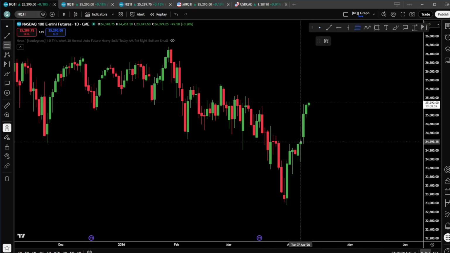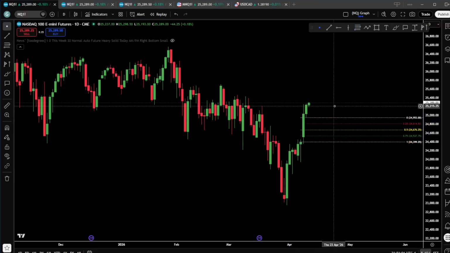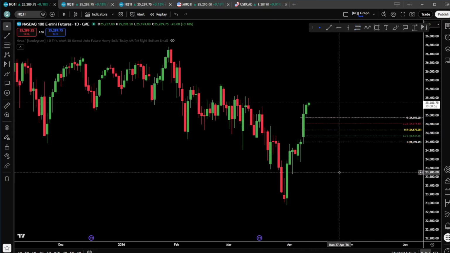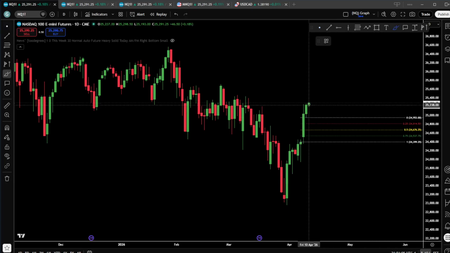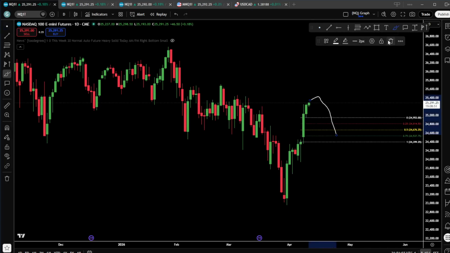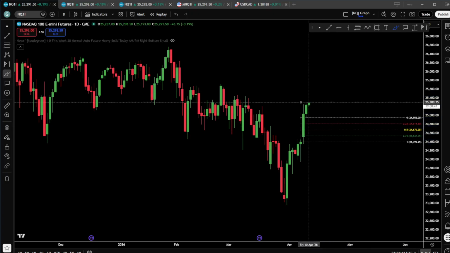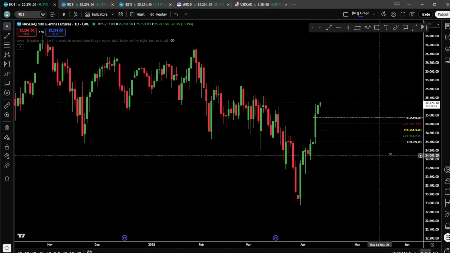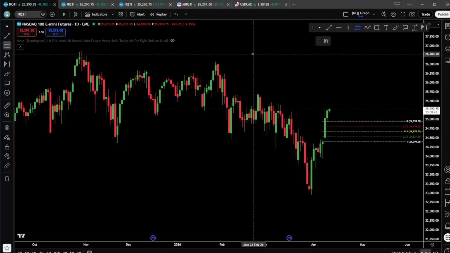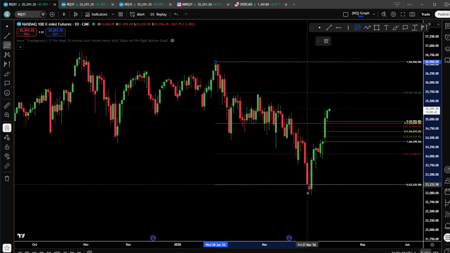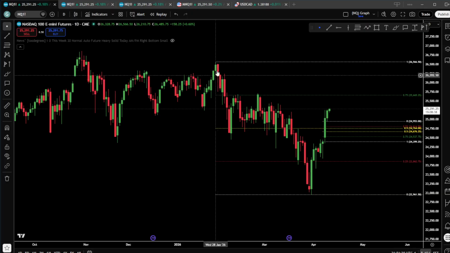The second discount array of interest would be obviously this fair value gap, right? The fair value gap that cuts through the range. If for whatever reason the market were to come back to it, this would be a good area for high probable buys. Right, because if we look at the daily range, this is the daily long-term high.